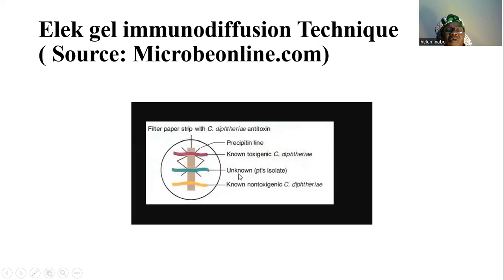Then the unknown, which is often the patient's isolate, should be streaked in the center. And then the third one is the non-toxigenic Corynebacterium diphtheriae, which is supposed to be the negative control. Following incubation, at the equivalence zone, a precipitin line, which is at a 45 degree angle to the streak, will appear.